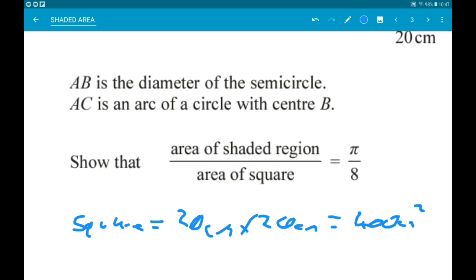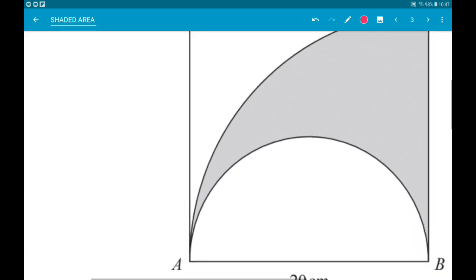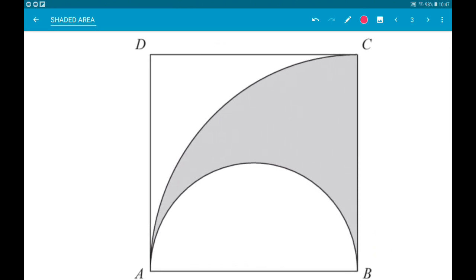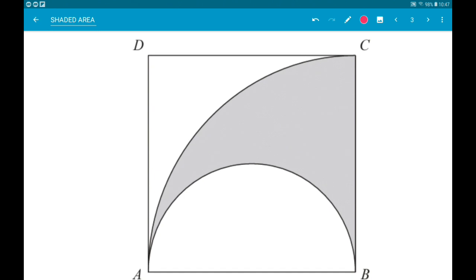Cool. Now, the bottom part of the square under the arc AC is a quarter circle. So the shaded bit and the semicircle both together make up a quarter circle.